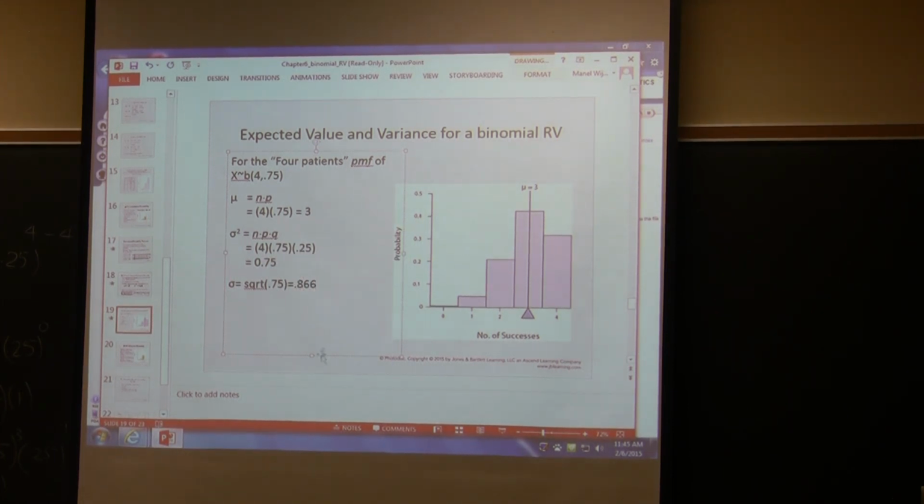Okay, so now in fact I'll just make a note in here: sigma has the same units as x, the random variable, so it can be marked on the variable axis.